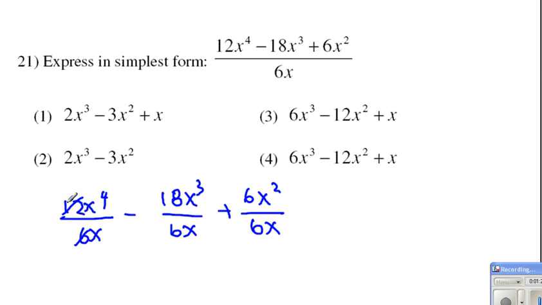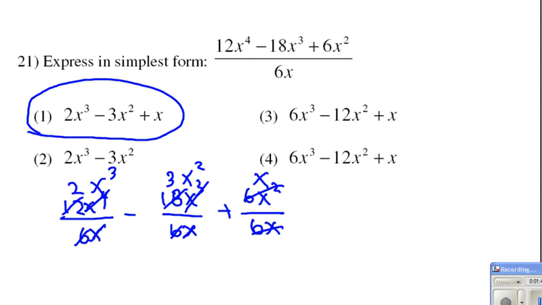Now here becomes 2, x becomes x cubed. Here becomes 3, x squared, and becomes x left. So then we are looking at this as our answer.